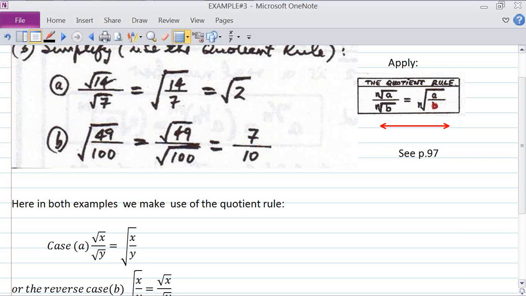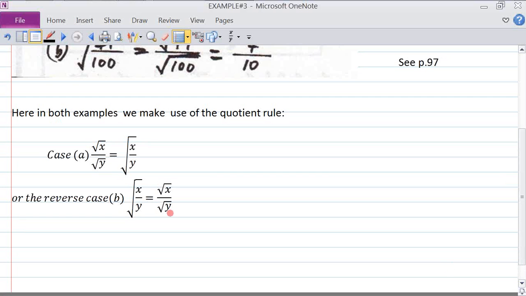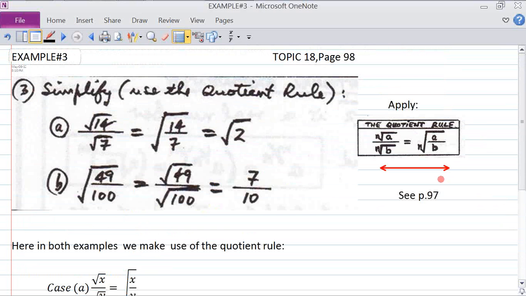See, we've got this under the square root sign, and we're going back to this kind of designation here. Why? Because the square root of 49 is 7, the square root of 100 is 10. So we're using the quotient rule here, which was the rule that we saw on page 97.